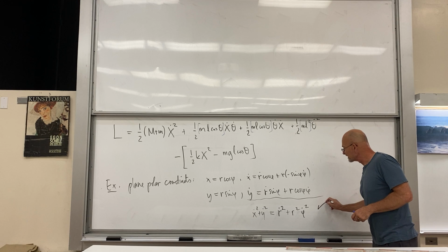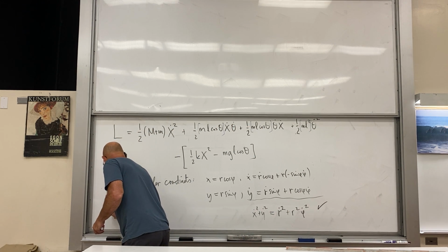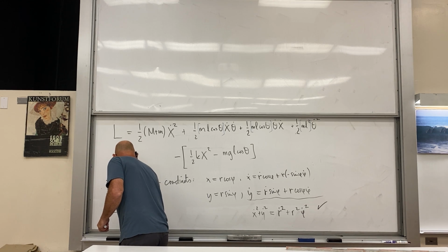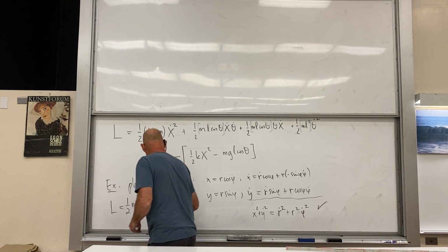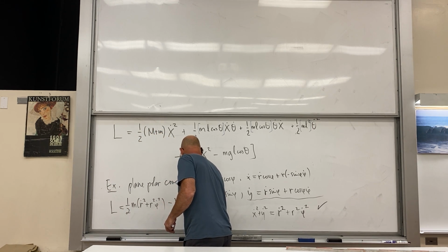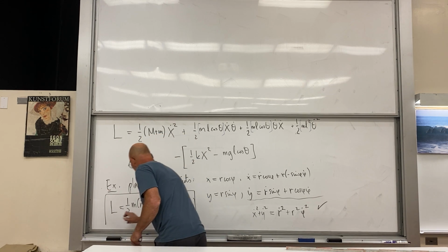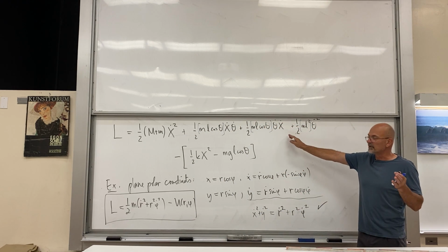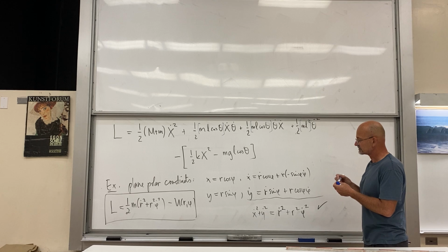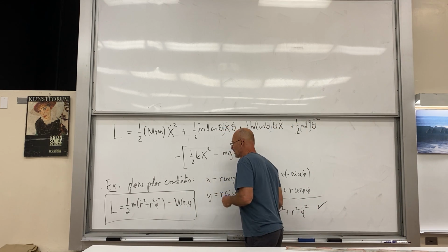So from this calculation, here is our Lagrangian that we want to use: 1/2 m r dot squared plus r squared phi dot squared, minus U of r and phi. This is very general for plane polar coordinates. This was for that somewhat complicated system. Okay. Yeah, because this one we can always refer to.